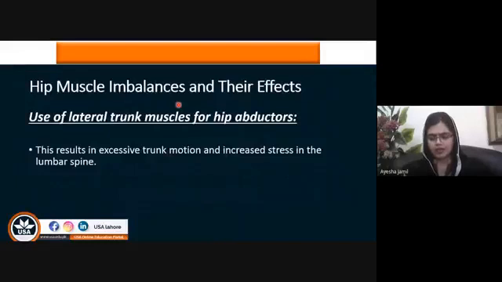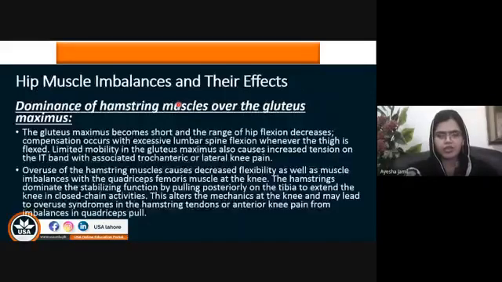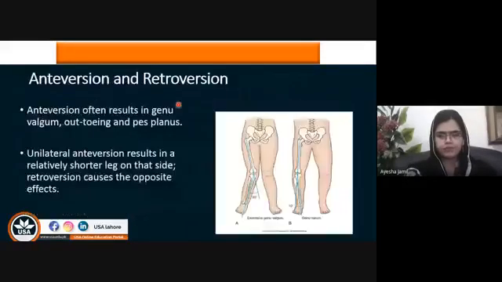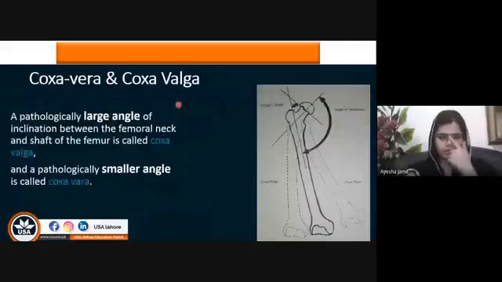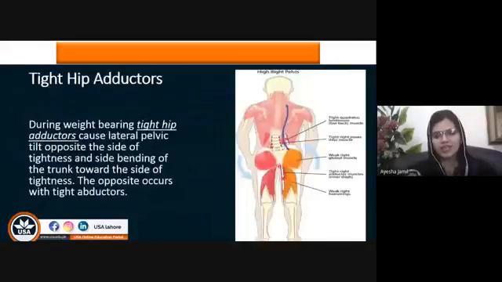Obviously, we have seen previously that hip adductors can be tight as well as hip abductors. Whenever there is tightness of the hip abductors, the pelvis will be moved towards the opposite side, and tightness can be seen in the lateral pelvic trunk. Let me explain this by this diagram. This is the side with the adductors being tight.